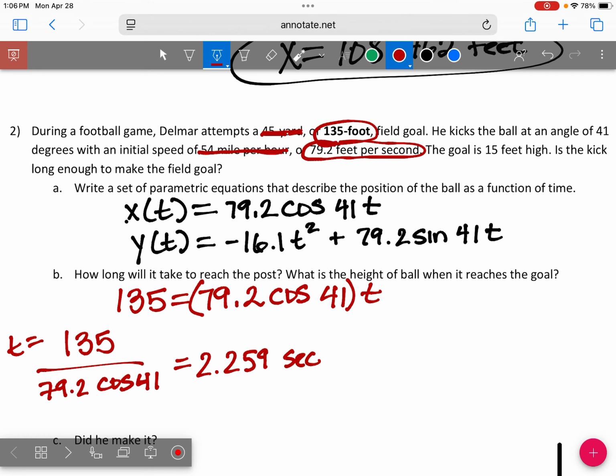So I'm going to take that 2.259 and substitute it into my y parameter, because remember, y is your vertical.